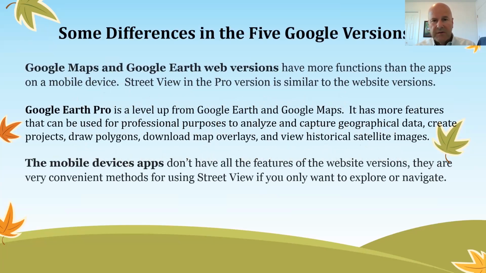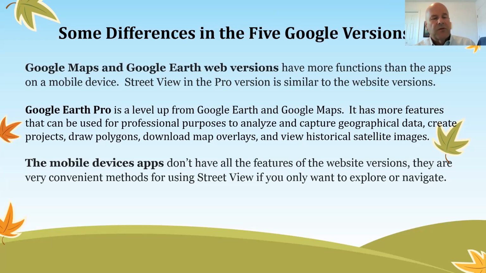I'll tell you some of the differences of these 5 Google versions. The Google Maps and Google Earth website versions have more functions than the apps on the mobile device. And the Street View version in Google Earth Pro is really similar to the website versions. So there's no need to go to it. It's pretty much the same.